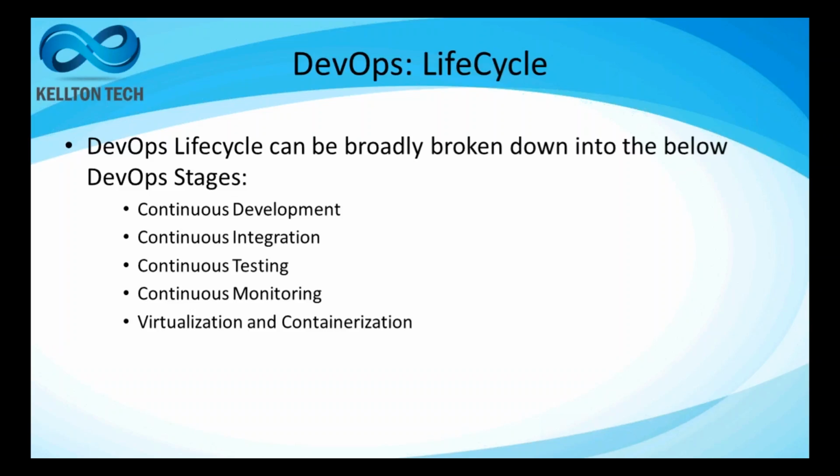This stage involves the coding and building phases, and makes use of tools like GitHub and SVN for maintaining different versions of the code. For building, tools like Ant, Maven, and Gradle are used for building and packaging the code into an executable file that can be forwarded to the QA for testing.